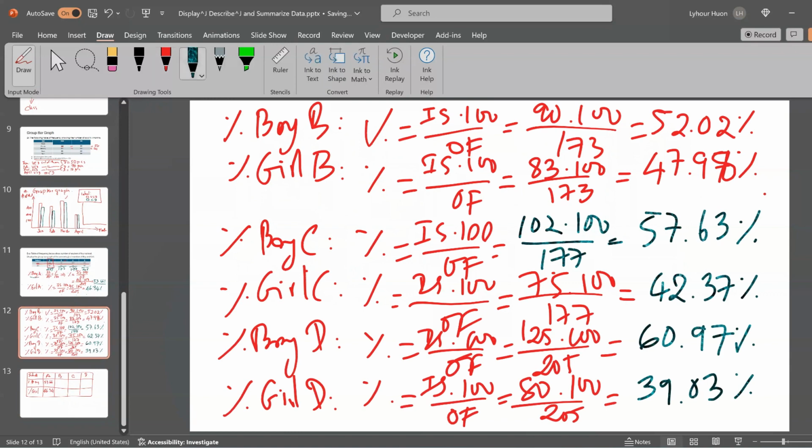Now, when we have a lot of data, there will be a little bit of confusion if you don't really focus.